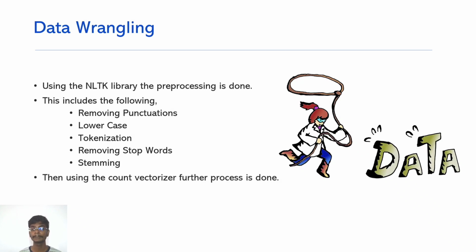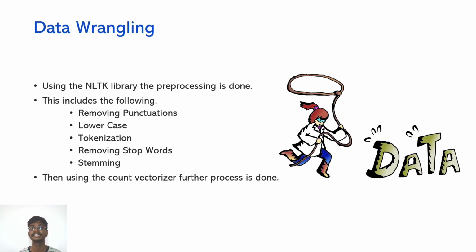So we have to remove all the punctuation and convert each and every text into lowercase. Like in the slide, I have written the D and W of data wrangling in uppercase, right? It's a capital letter.